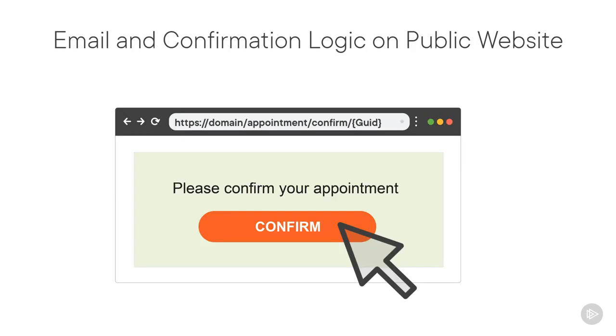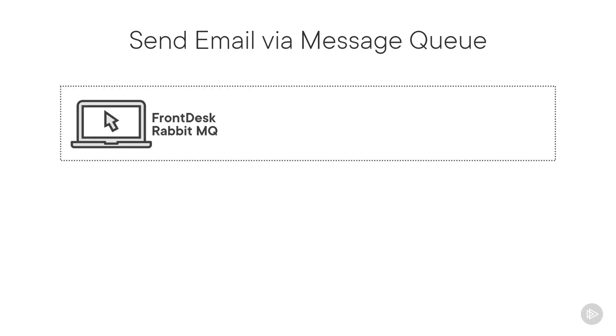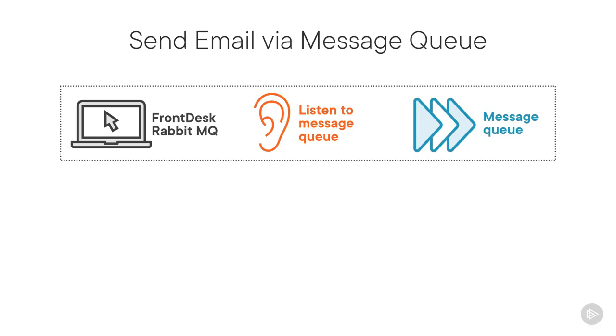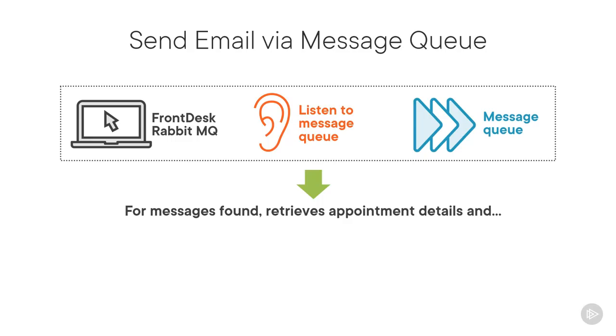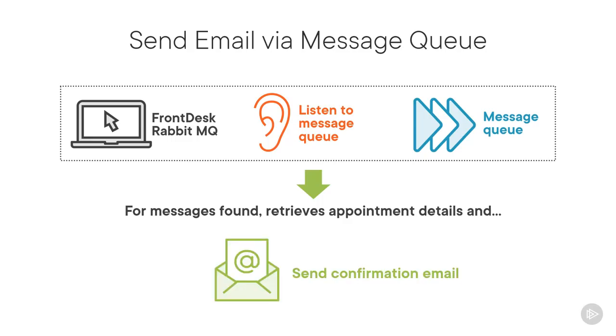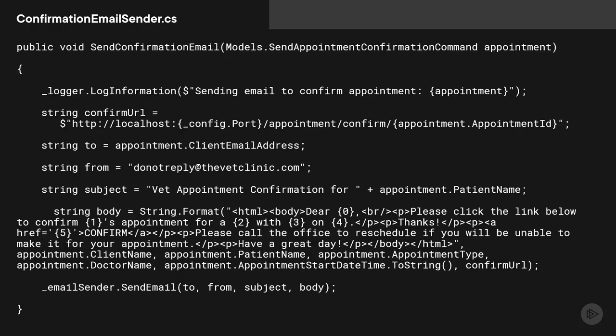So we've decided to put this on the veterinary clinic's public website. And so that will be responsible both for sending the emails and for hosting the link that the customer will click. The public site uses a hosted service to periodically check for new things in its queue. Once it finds a message on the queue, it will retrieve the information from that message to create a confirmation email using code like what you see here.